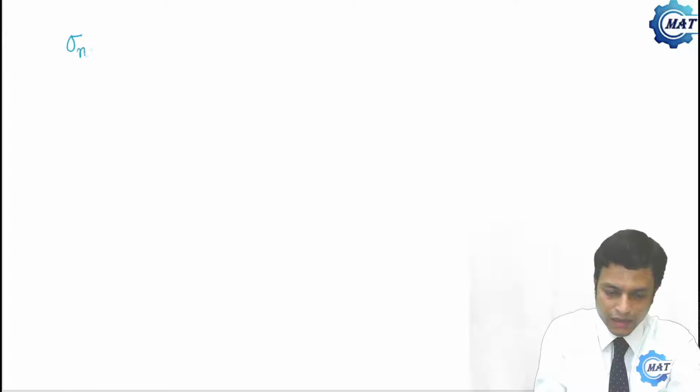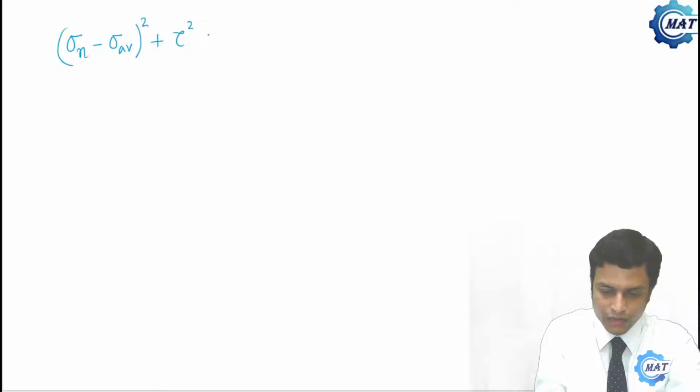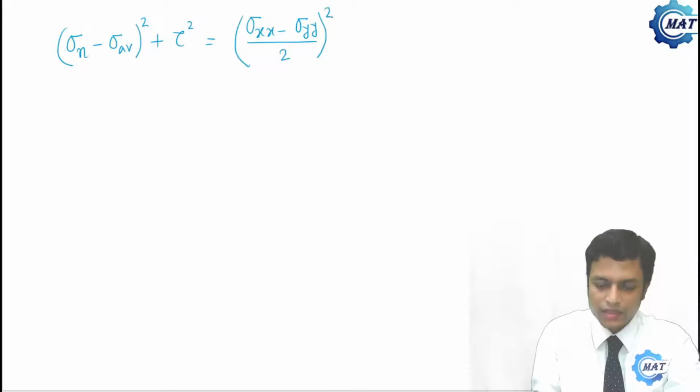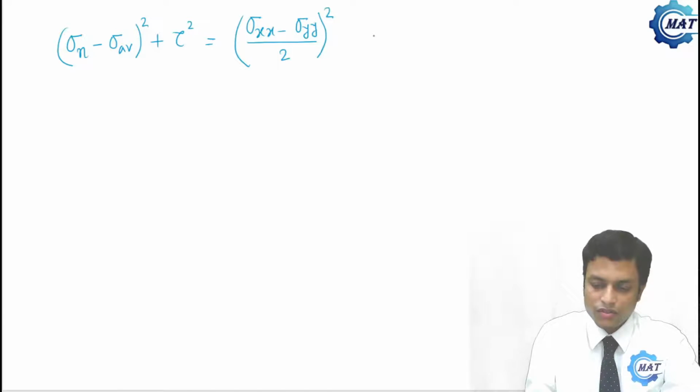Sigma n minus sigma average whole square plus tau square is sigma xx minus sigma yy by 2 whole square. So this is a circle, and this circle is called Mohr's circle.